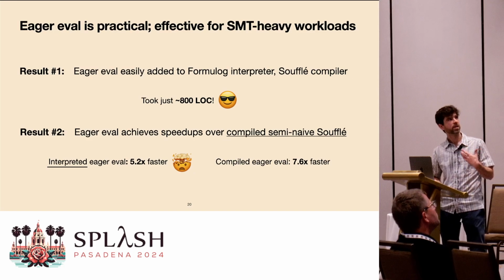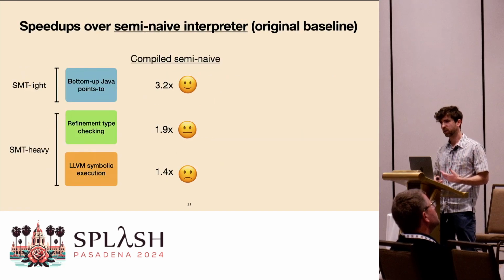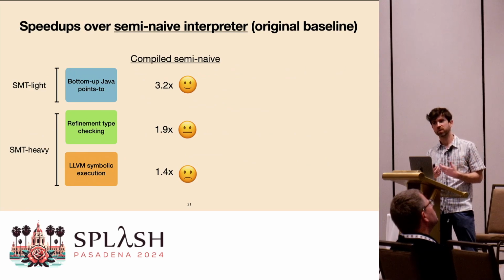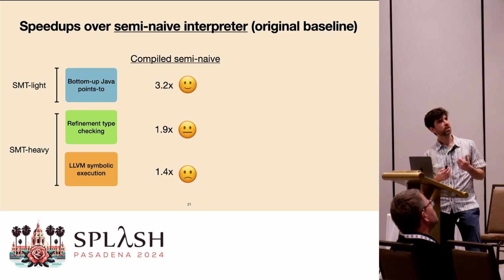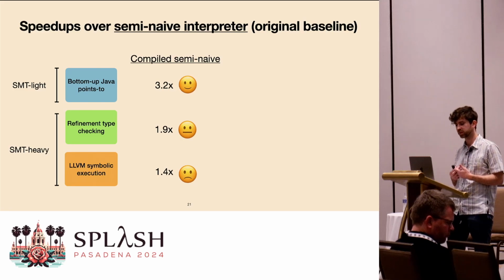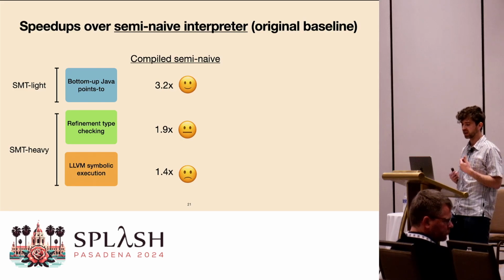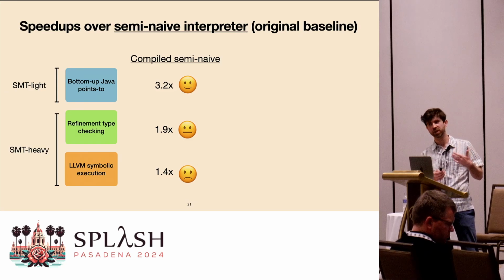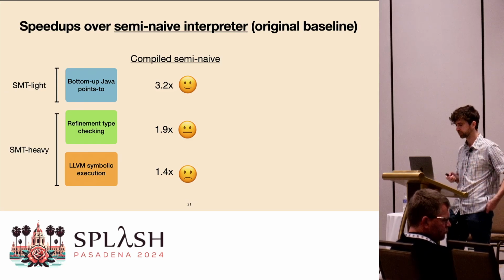So taking a step back, what does this mean for our original baselines? When I was talking about the compiler, I was comparing against the semi-naive interpreter for Formulog. And I was bemoaning the fact that for the SMT-heavy analyses, compiling them with Soufflé doesn't actually give that much speedup.